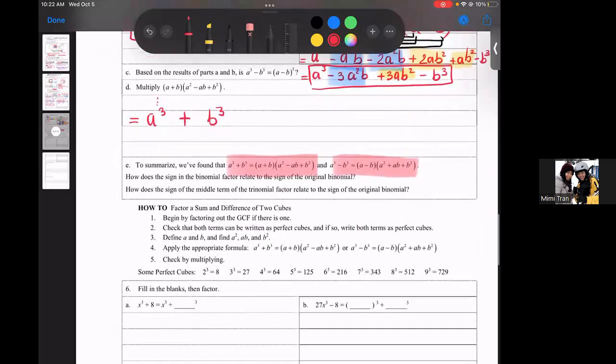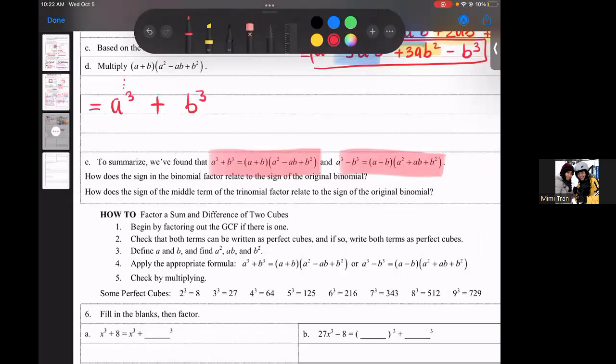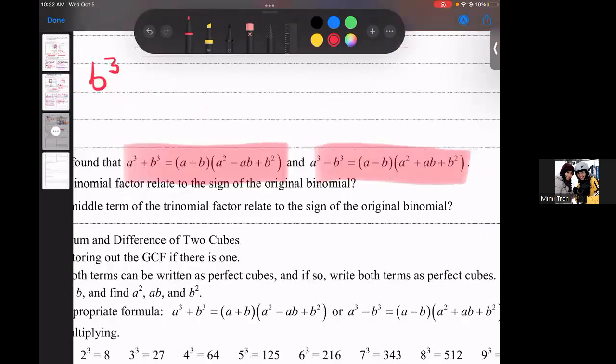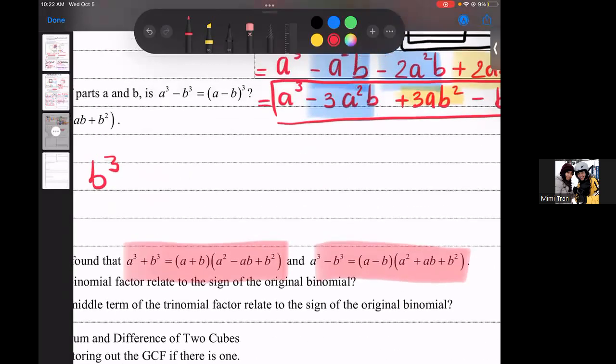All right, let's do this. By the way, this is how I remember it, so you can do your workshop. If I give you a cubed plus b cubed, by the way, it's not always one term, it could be parenthesis cubed plus parenthesis cubed.